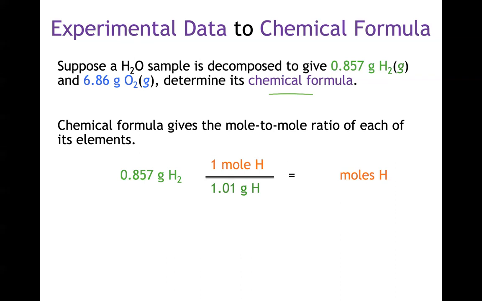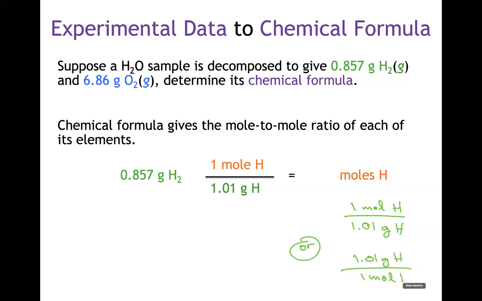And remember that molecular weight is simply a ratio. Let's just use hydrogen. I could say that I have 1 mole of hydrogen per 1.01 grams of hydrogen, or I could say that I have 1.01 grams of hydrogen over 1 mole of hydrogen, right?